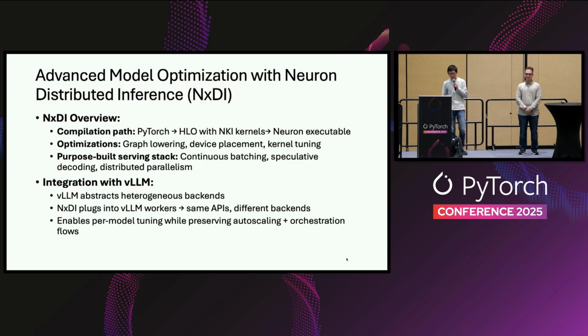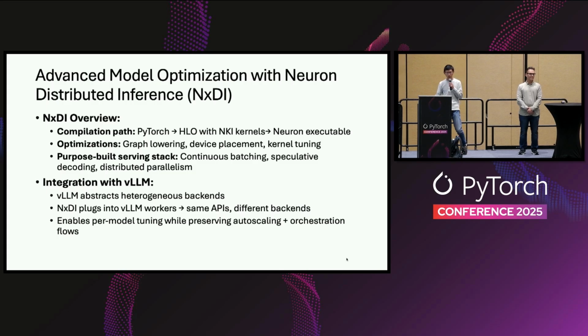The typical way of doing that is we take a PyTorch model and we build a package called NxDI, which is Neuron X Distributed, and then the NxDI package is going to generate the actual graph along with the kernels. The kernels we build are called NxDI kernels, which we'll cover later on, and produce the Neuron executable.